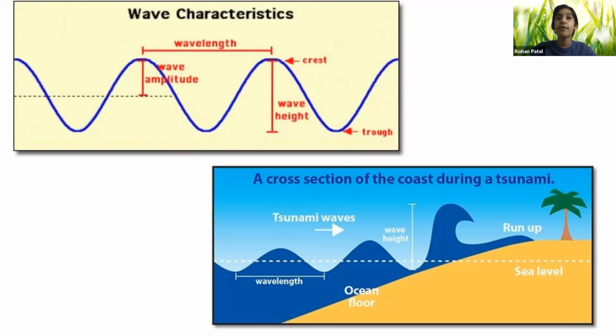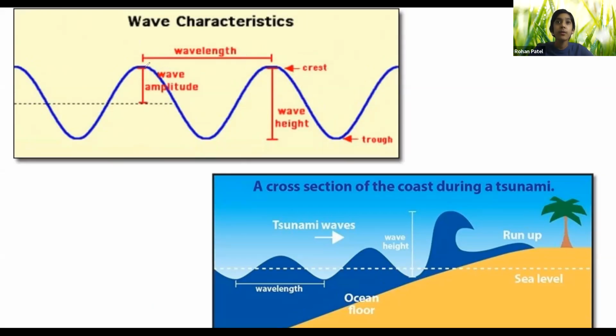So here is our diagram of a wave and our characteristics. We have our wavelength, wave amplitude, crest, wave height, and trough. And this line, if you guys don't know, is sea level. Now, we can understand just by the diagram what each part is.